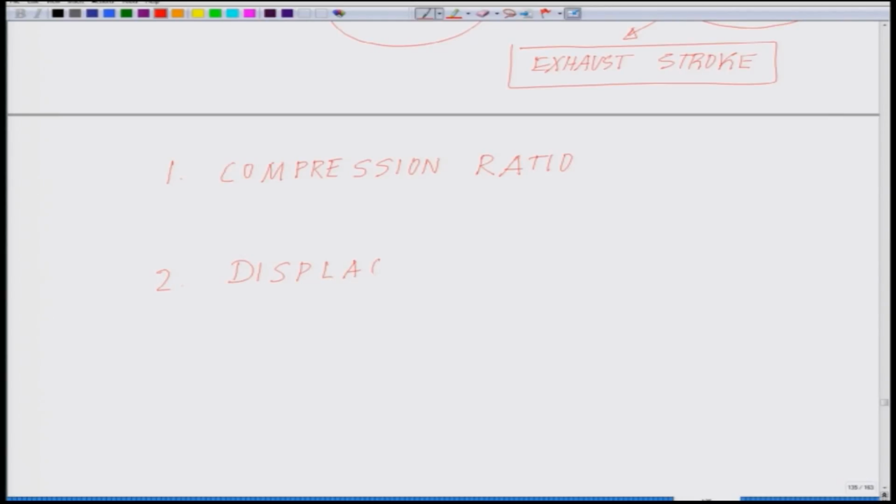Okay. So, just to briefly talk about the displacement, when you talk about a cylinder like this, the displacement is basically in terms of the cylinder, the length, which you can call the bore length, the diameter of the cylinder, and the stroke length.